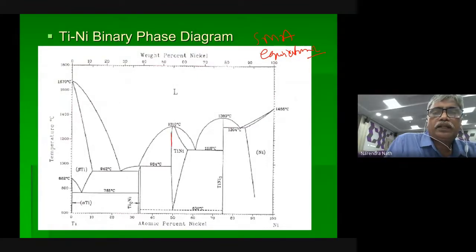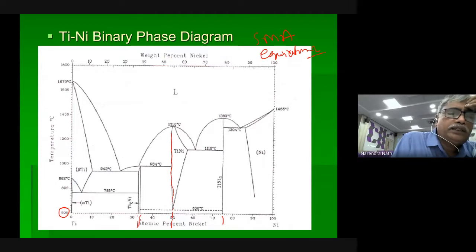If you see this line, it is 50-50. And the temperature is, say, around 600. So further down, up to room temperature, no change. All these things are projected as a straight line only. Changes are there only above 600 degree temperature.